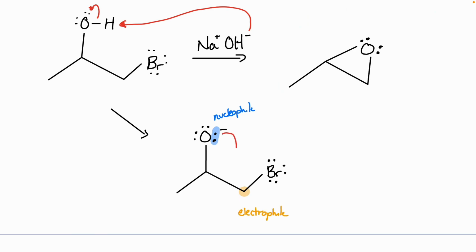So this pair of electrons comes down here and kicks off that bromine, leaving us with our epoxide. And again, just to be clear, this pair of electrons here was originally on my nucleophile.